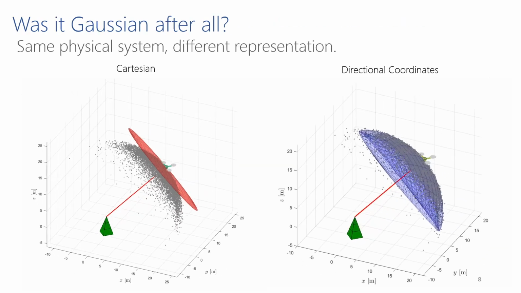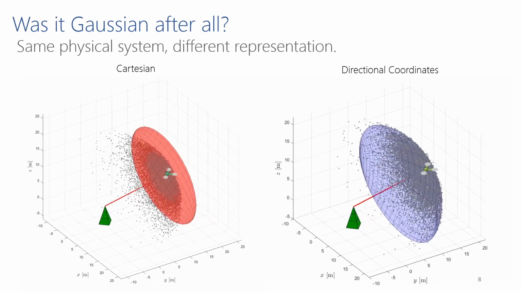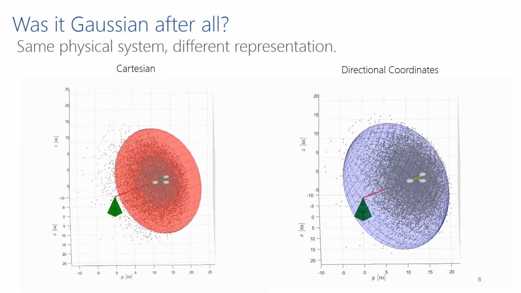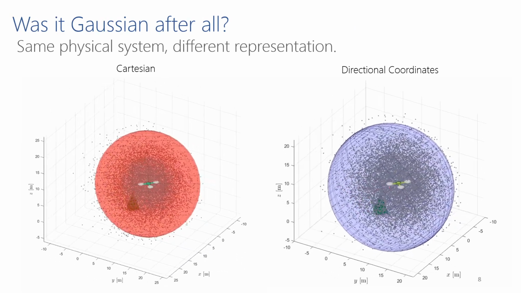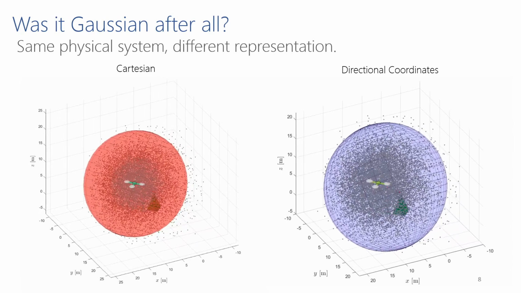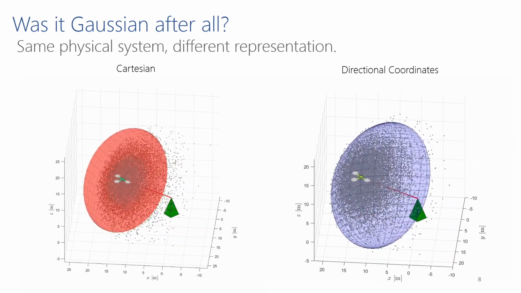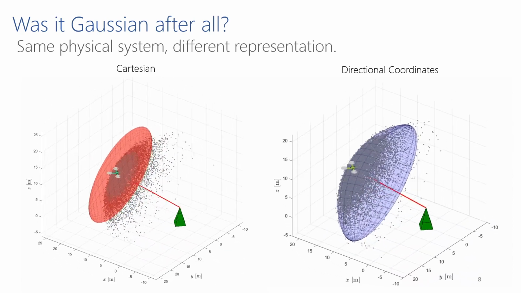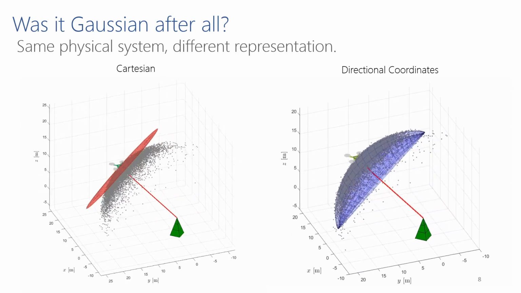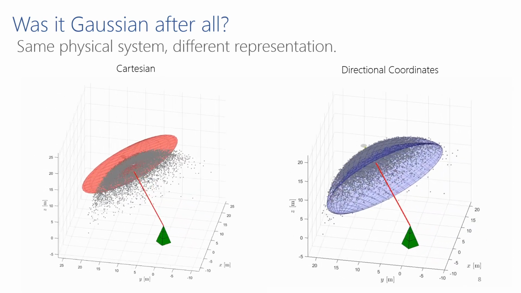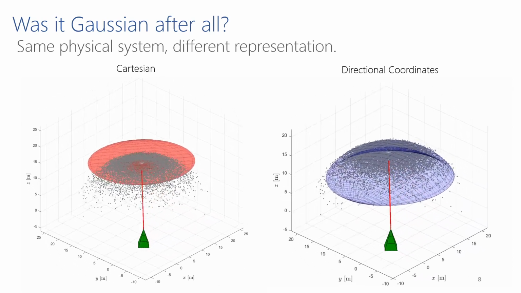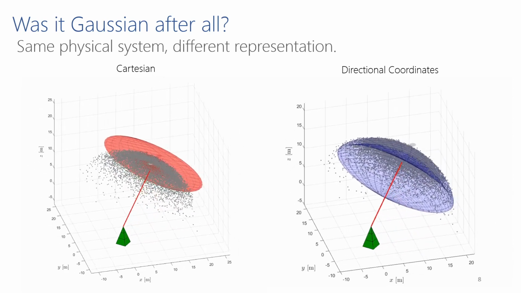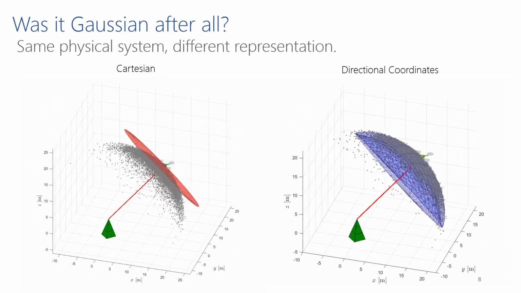But most importantly, directional coordinates offer a significantly enhanced ability to represent this spherical or banana-shaped distribution that we saw earlier. The figure on the left visualizes the results from a single EKF correction step as the red volume, whereas the figure on the right shows the results from a single Kalman filter step as well, but in directional coordinates.